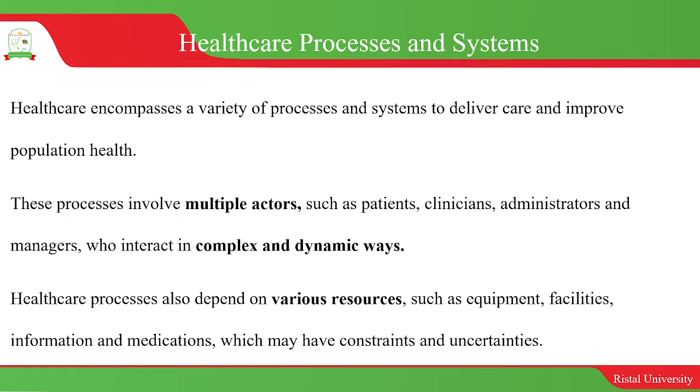We need medications. We need to make sure we don't have drug stock-outs. However, if all these are not being met in a dynamic system, then we might end up with some constraints. And once we have constraints, our aim of achieving our goal is already compromised from any single step within these processes.